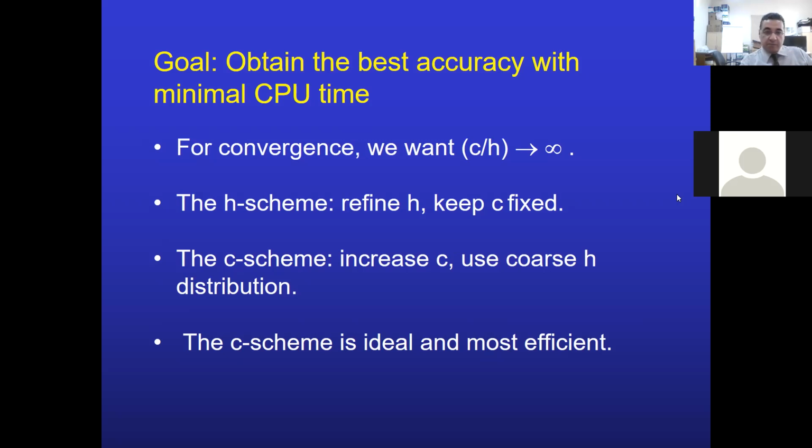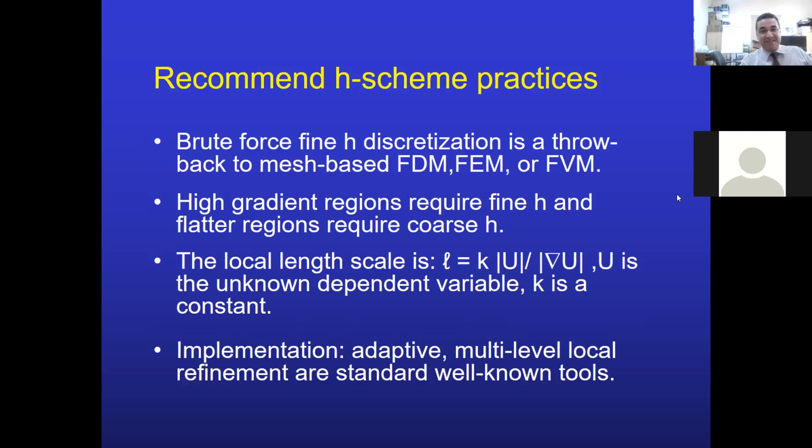So basically, the C scheme is ideal and most efficient. However, on double precision or single precision computers, it runs into ill conditioning. If you want real speed, one should use half precision. But if you don't care what your answers are, if you're interested in speed versus garbage, then I recommend using half precision, even though your results are garbage. Garbage in, garbage out. That's what we say in the United States. Okay, next slide.